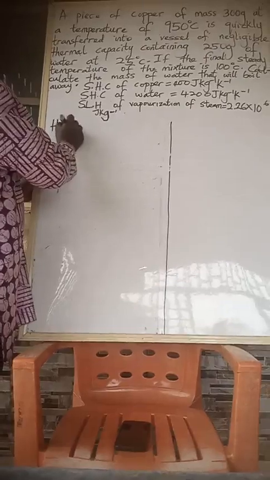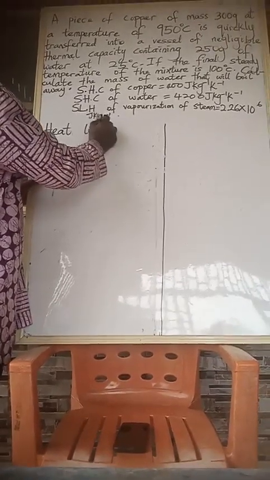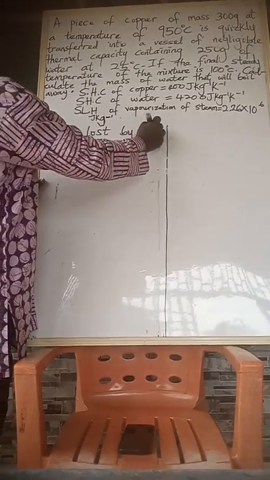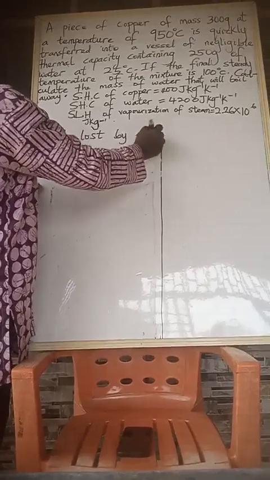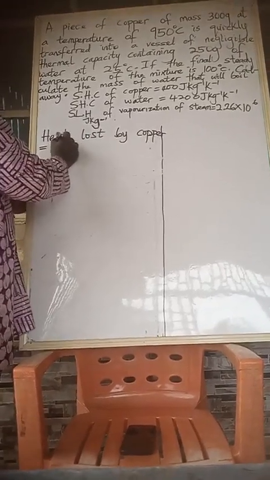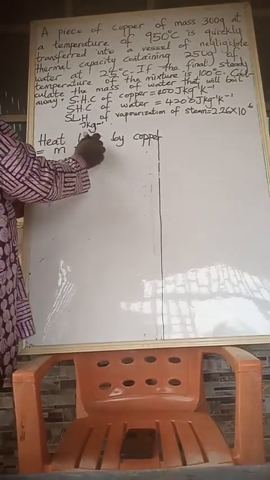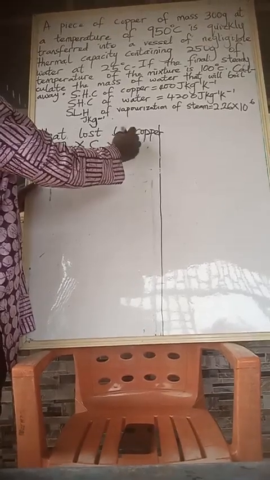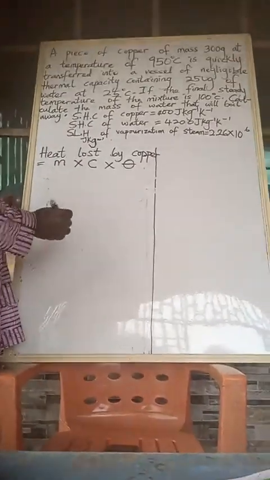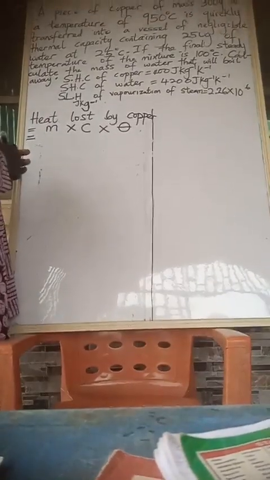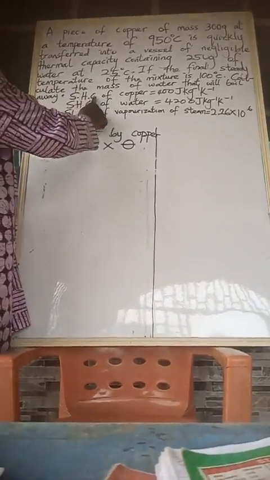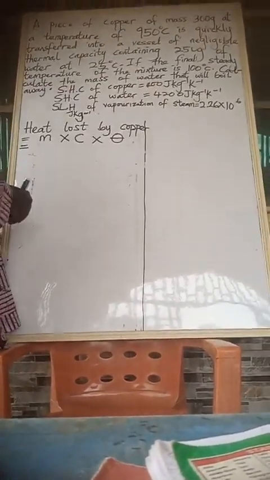Heat lost by copper is calculated as the mass of copper times the specific heat capacity of copper times the change in temperature. For the mass of copper, 300 grams, we have to change it to kilograms because the specific heat capacity is in kilograms.